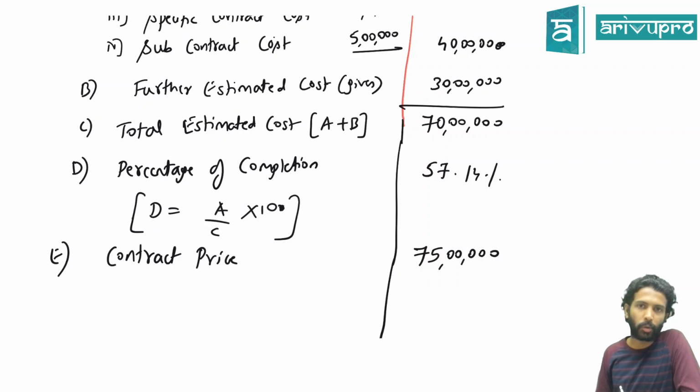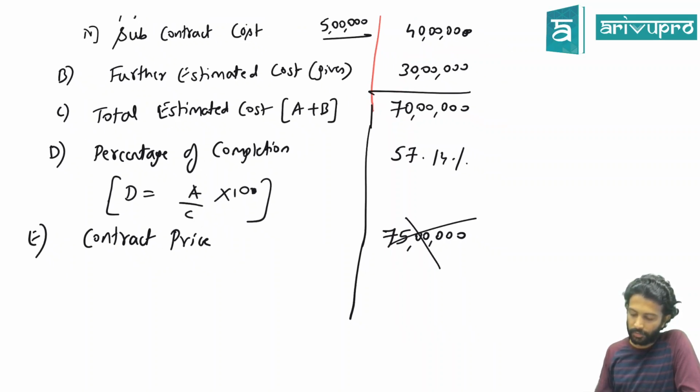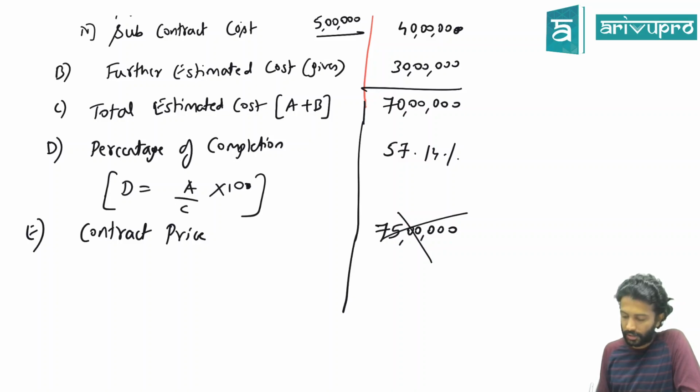For the prudence concept, if this number, instead of 75, let's say it is 60 lakh, then contract revenue itself is 60 lakh, but estimated cost is 70 lakh. That means, are you going to make any profit? You're going to make a loss. How much? 10 lakh. What does the prudence concept say?